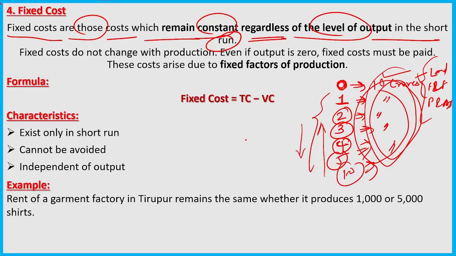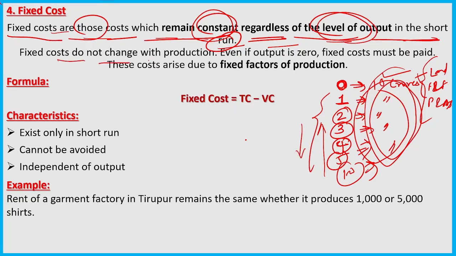Understood? So here it is written, fixed costs are those costs which remain constant regardless of the level of output in the short run. In the long run this will change because the factors of production will change. But in the shorter run it stays fixed, no matter whether the production is increased or decreased by you. Now understand this.